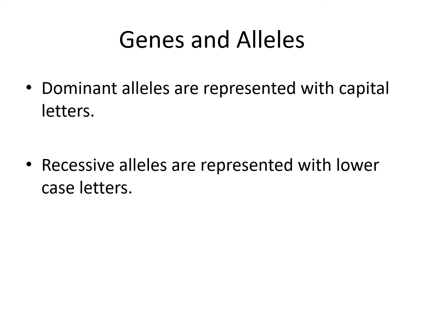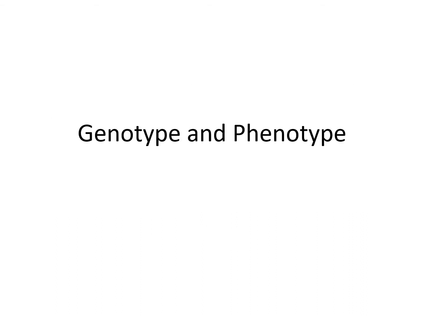Now, we abbreviate the dominant alleles by using capital letters, like big B and big B. Okay. Recessive alleles are represented with lowercase letters, like small b, small b. So here's small b, and here's big B and big B. So the big B's are the dominant alleles, and the little b's are the recessive alleles.